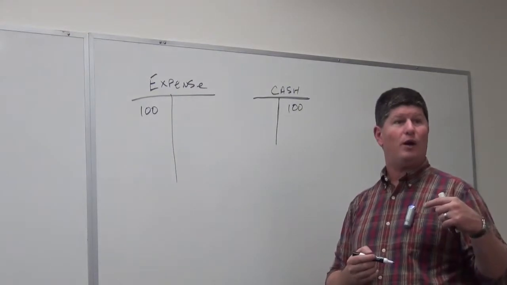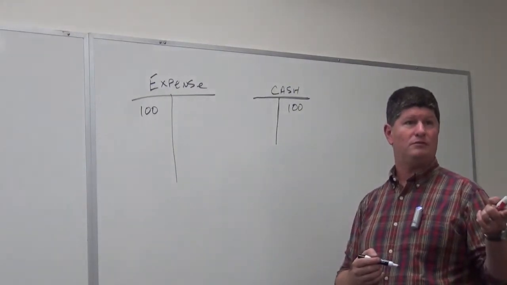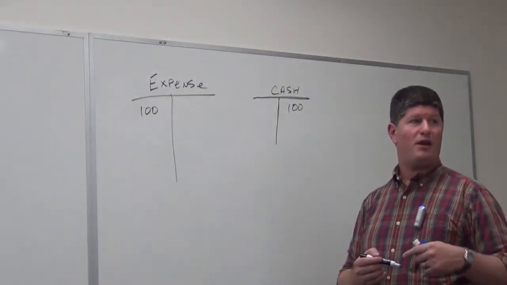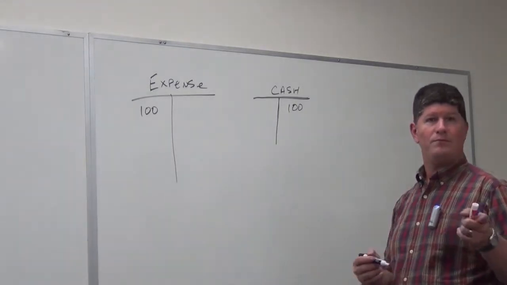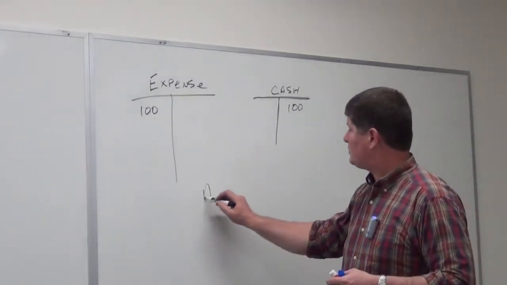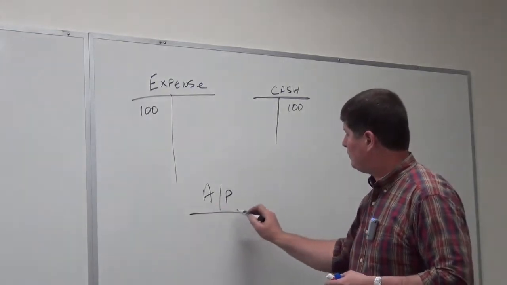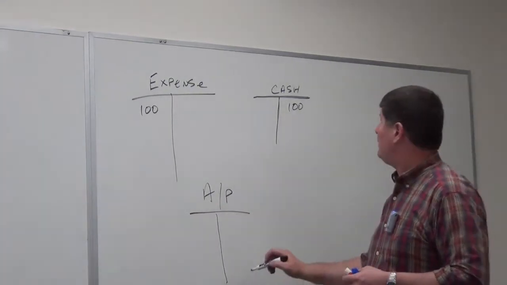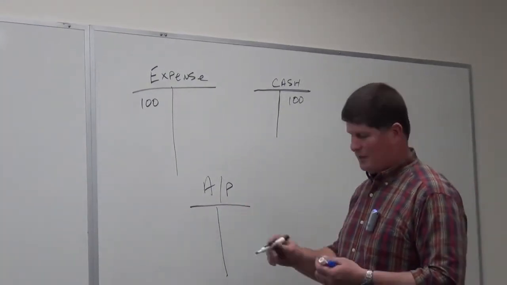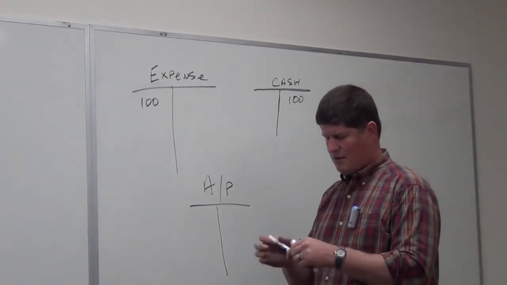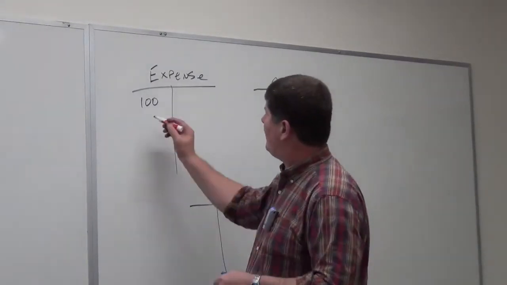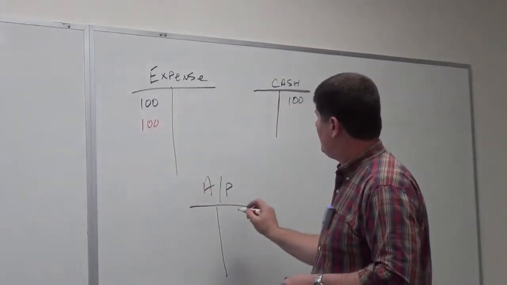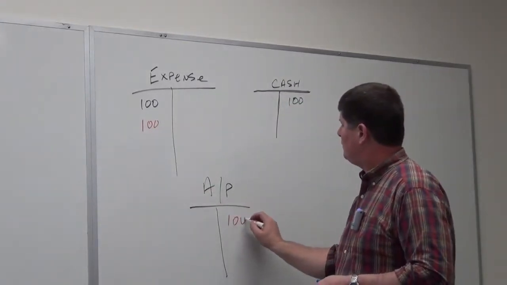What if I walk into your warehouse and I buy a box of books, but I promise to pay for them later? It's not an accounts receivable, it's an accounts payable, correct? A liability. So I have, in that case, an expense, and I've promised to pay for it later.